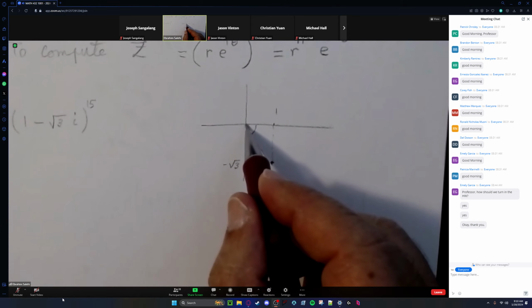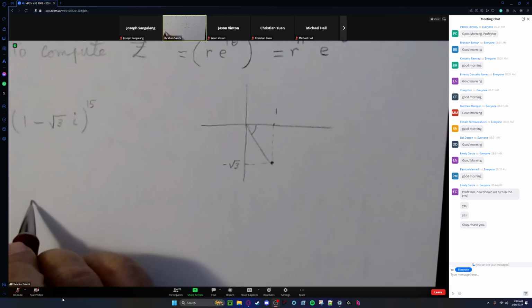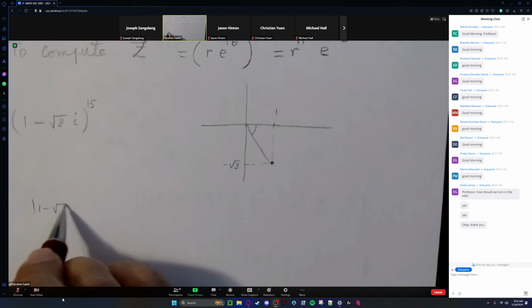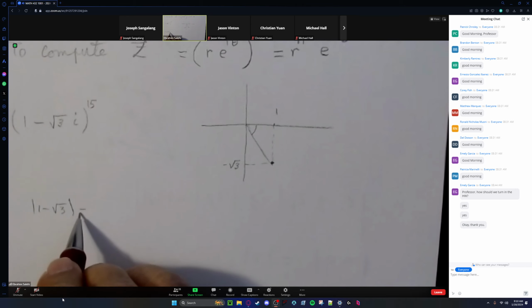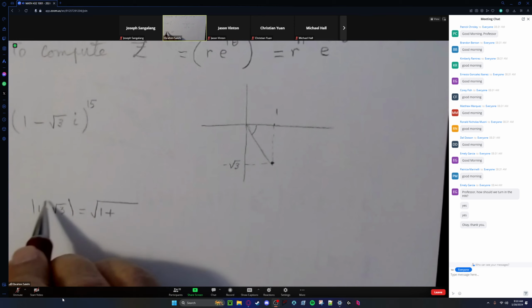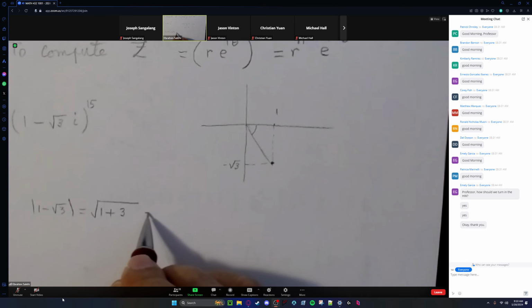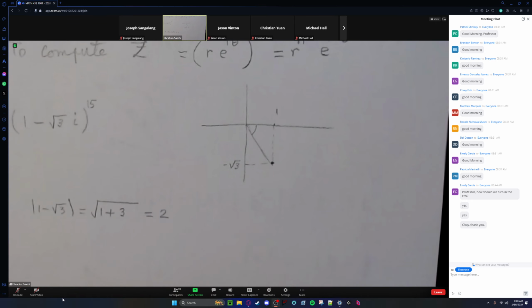What about the modulus? Well, modulus of 1 minus square root of 3i is the square root of 1 plus 3, which is 2.